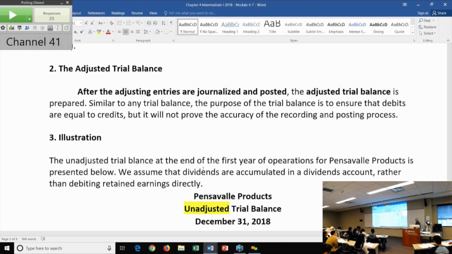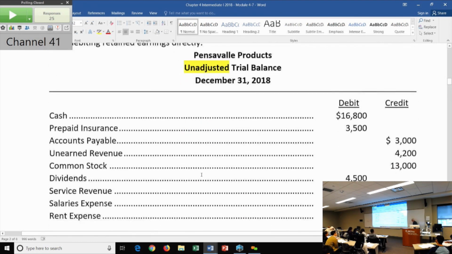The unadjusted trial balance that you see here is at December 31st of this year, 2018. These balances are unadjusted.